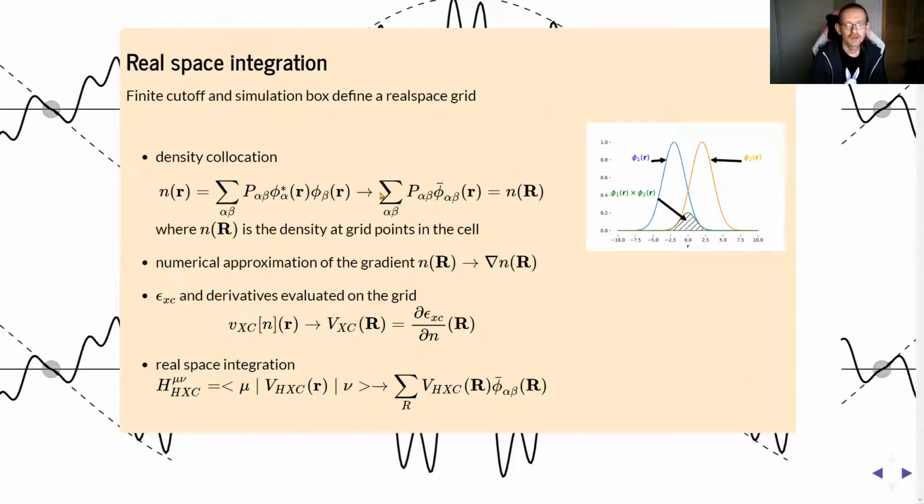And what is constructed is an equivalent function, but on the grid, which is represented by an n with a bar over it.